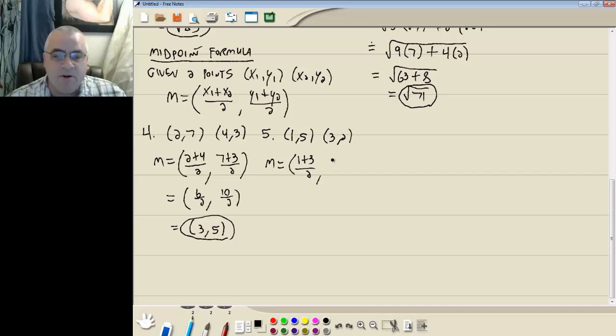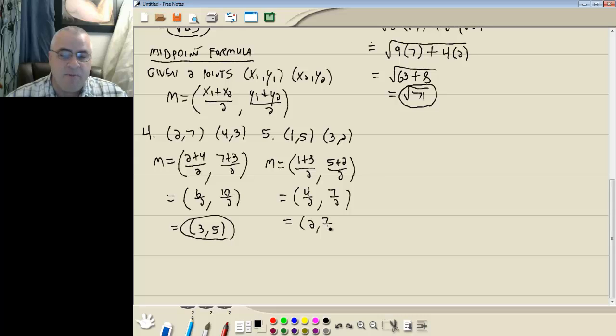And then add together y parts. So I got 5 plus 2 divided by 2. Well, 1 plus 3 is 4. So we got 4 divided by 2. 5 plus 2 is 7. So we got 7 divided by 2. And 4 divided by 2 is 2. And then this just remains 7 halves. And that's our answer.